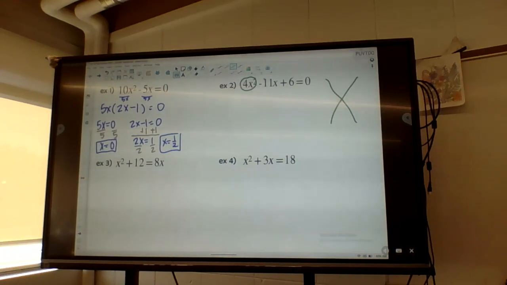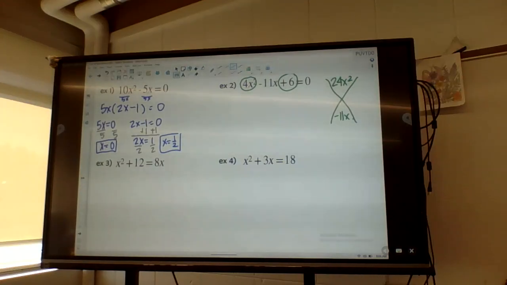So if you guys recall, we take these 2 terms and we multiply them together. And then we put that middle number on the bottom. And this is the kind we want to multiply to get 24, but add to get -11. Multiply to get 24, but add to get -11.